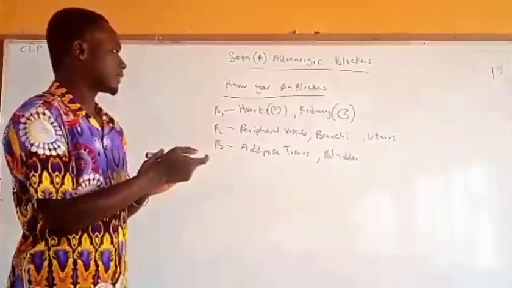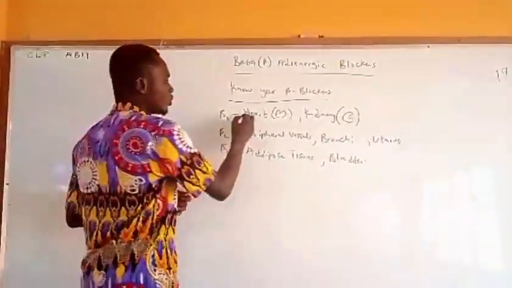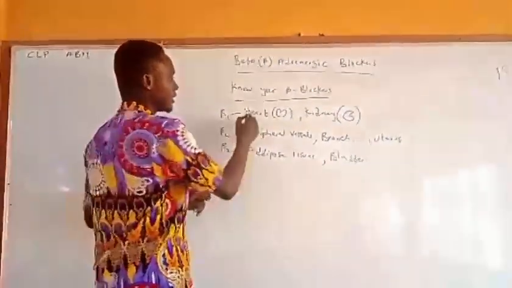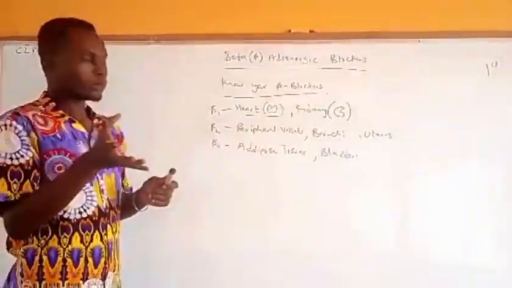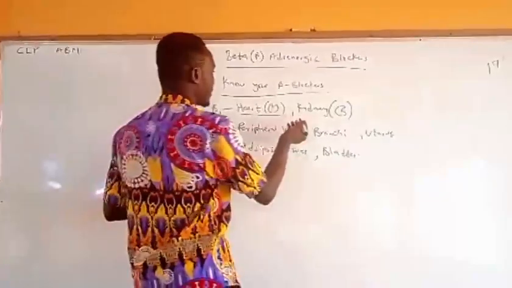Beta1 and beta2 receptors. Now, the beta1 receptor found in the heart is found mainly in the sinoatrial node and the AV node.